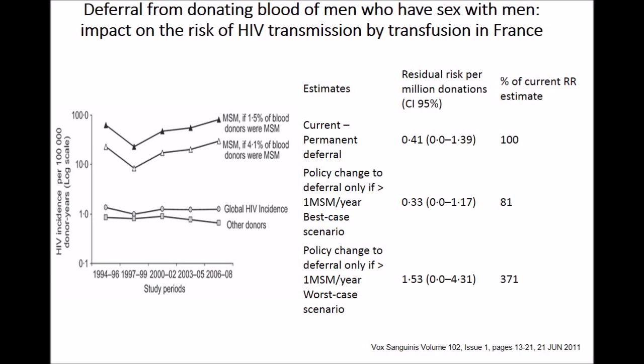So they modeled this because there's a source of concern. The percentage of donors in France in these periods of the study which were analyzed is increasing, at the same time as the proportion in the general population is stable. All right? Keep that in mind.